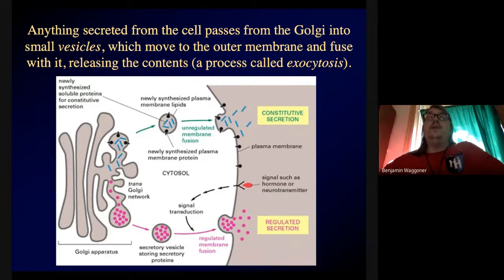You can see little vesicles caught in the act of budding off one face of the Golgi and moving to that outer membrane, and then fusing with it, releasing the contents to go to the outside. There are various ways that the process can be controlled that we don't have time to get into right now. If you want to change your major and take cell biology, you can get the details in agonizing detail.